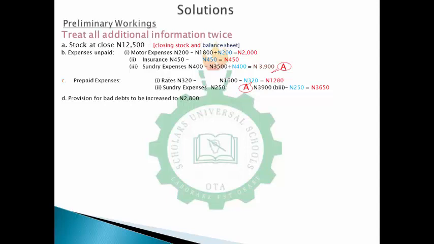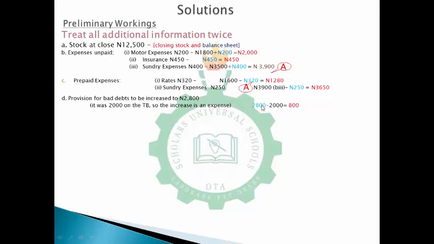Now for this question, which is this additional information D, they say provision for bad debt is to be increased to 2,800. Now when you increase it, you are taking from your profit, you are going to keep it somewhere. And when you are increasing, it is treated as an expense. Don't forget, formerly the provision that was in the business on the TB was 2,000. So it was 2,000 that was on the TB. So the increase is an expense.